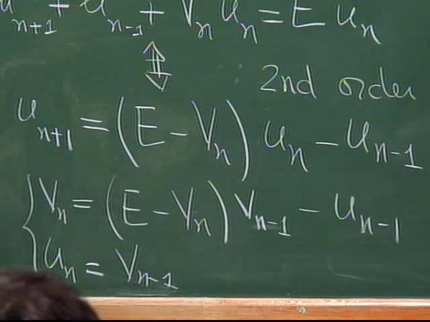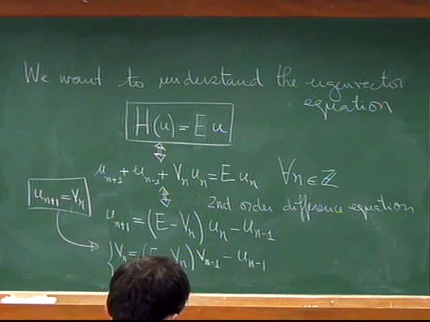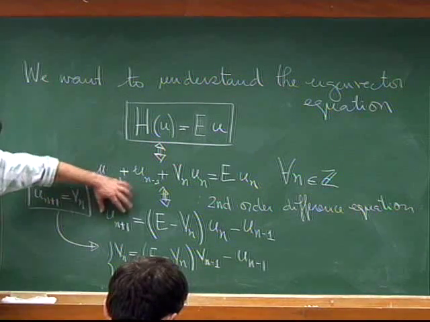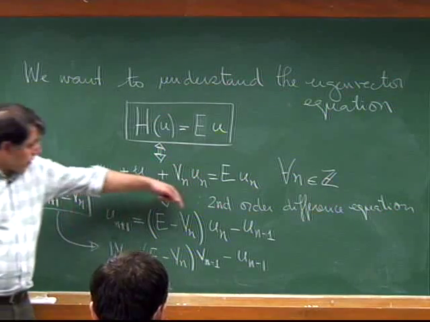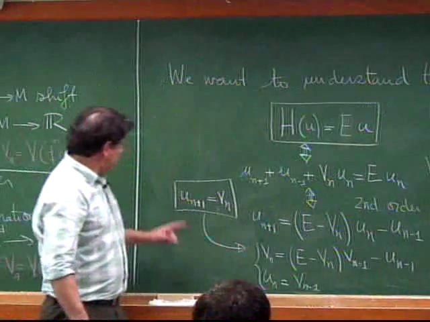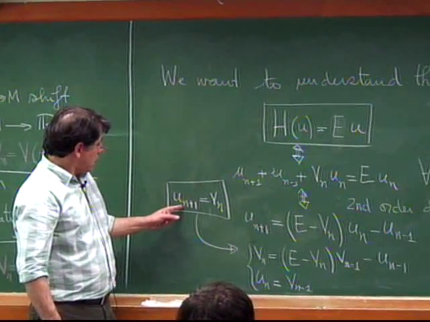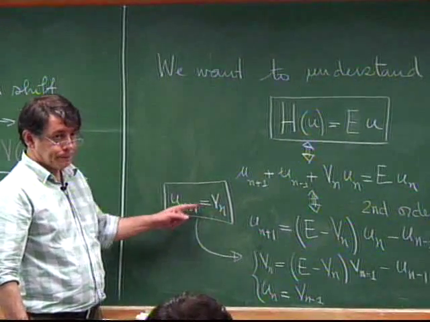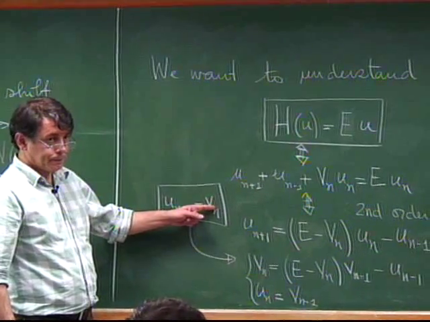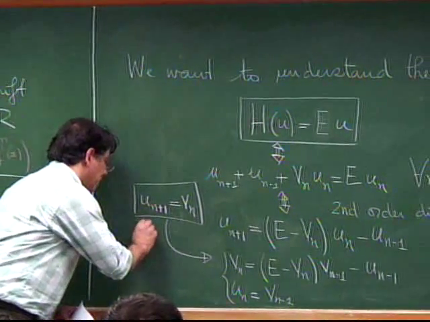Okay? So what did I do? Here I wrote v_n. Here I wrote u_n equals v_{n-1}. Okay, this is for all n.